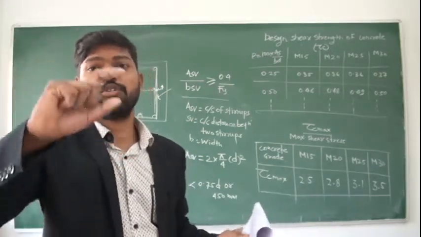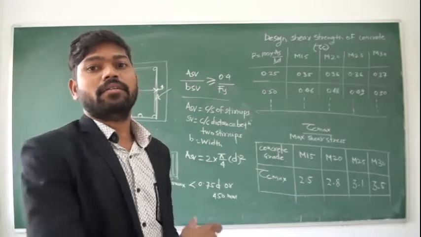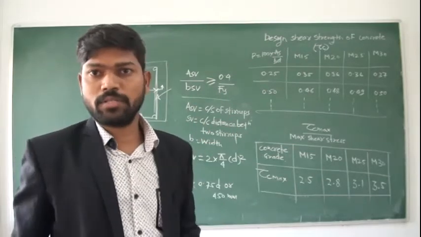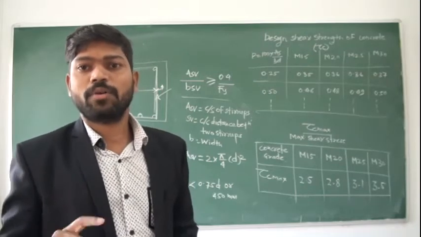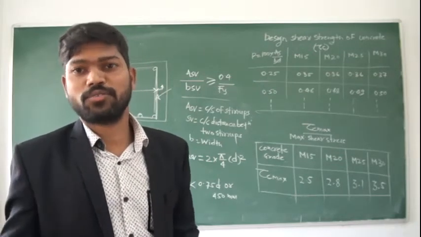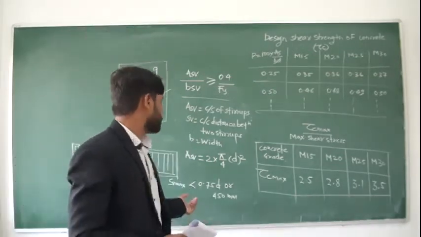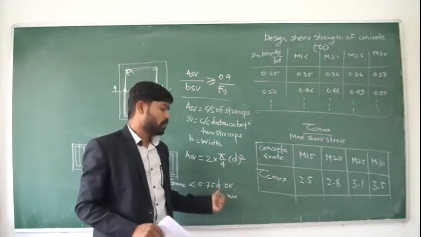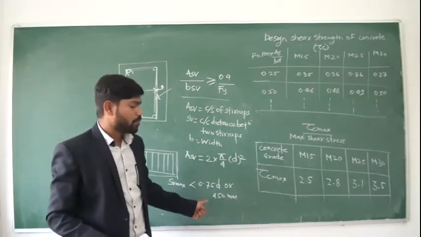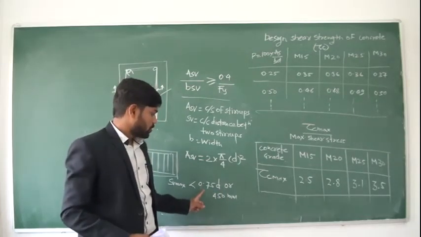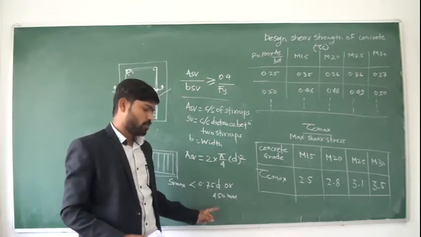The actual calculations from the shear force and the procedure of IS 456 may give an Sv value of 500 mm or 600 mm, but you can't provide Sv as 500 or 600 mm. You have this limit of 0.75 d. What is d? d is the effective depth of that particular beam, and 450 mm. Now suppose this 0.75 d is 300 mm and this is 450 mm.